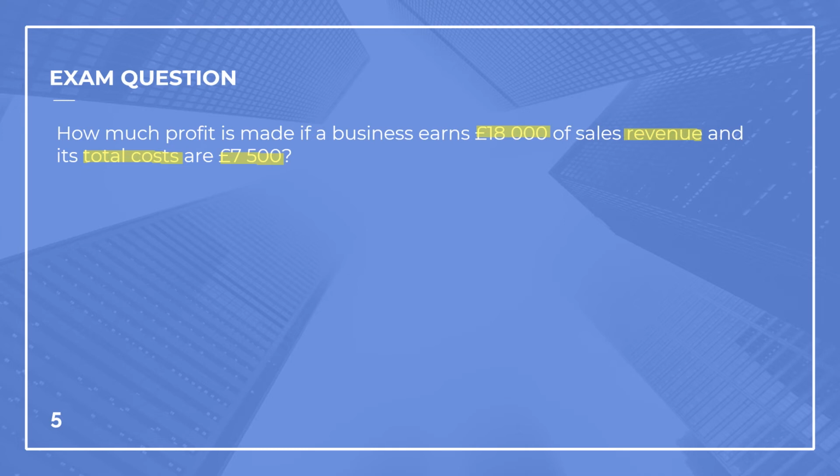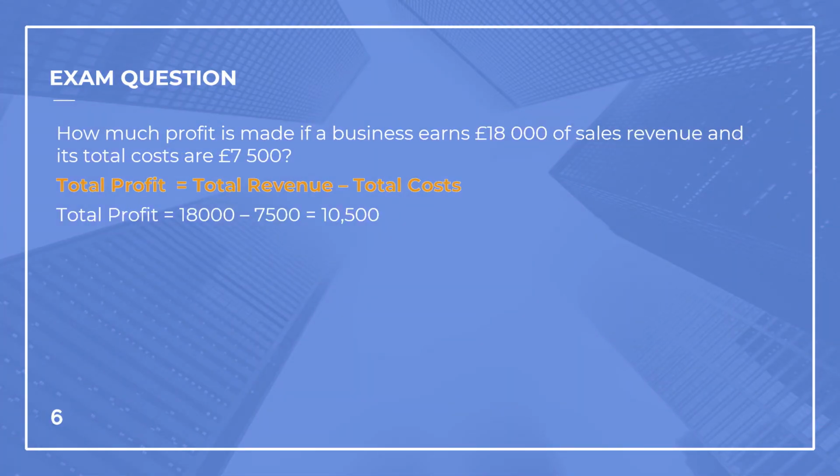So if we know that total profit is revenue minus total costs, it should be fairly easy to calculate. As you can see here, we've put total profit equals total revenue minus total costs. So total profit equals 18,000 minus 7,500, which means our total profit is £10,500.